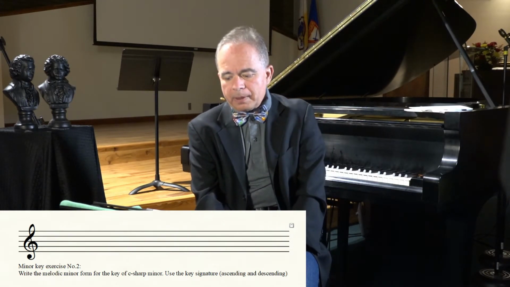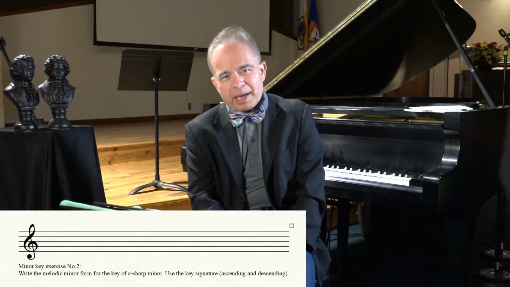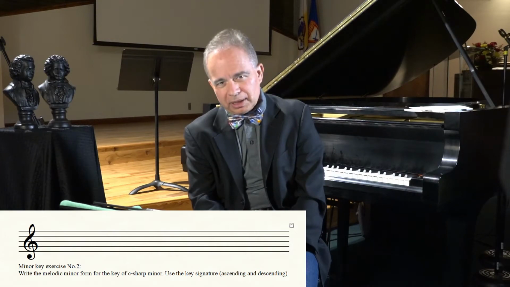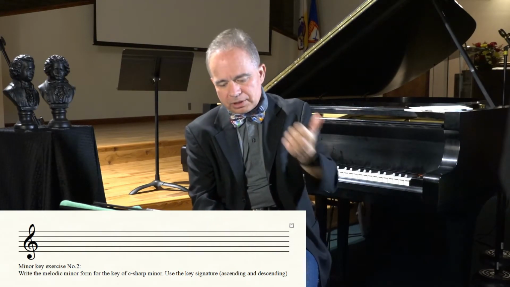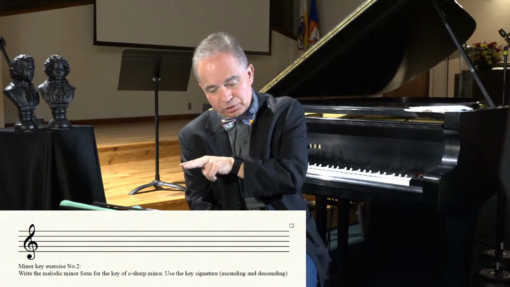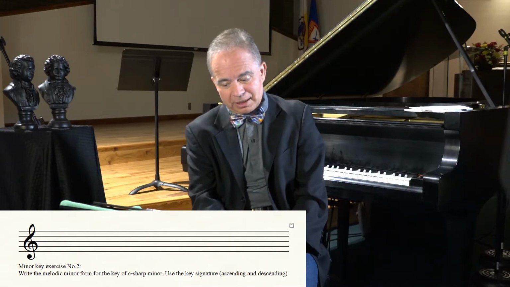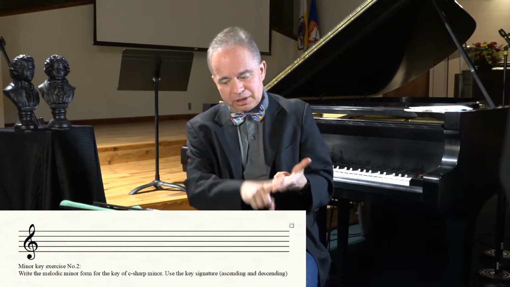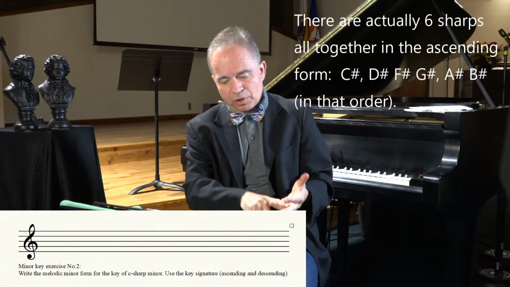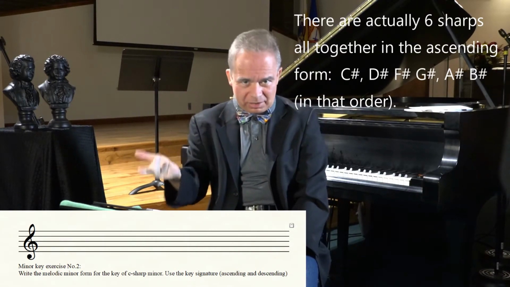All right, so B sharp is our leading tone, and we also have to bring up A sharp, right? That's the 6th degree. So let's string the pitches right now. We have 4 sharps in the key signature plus these 2, for a total of 6 sharps. So let's see, C sharp, D sharp, E, F sharp, G sharp, A sharp, B sharp, and C sharp.